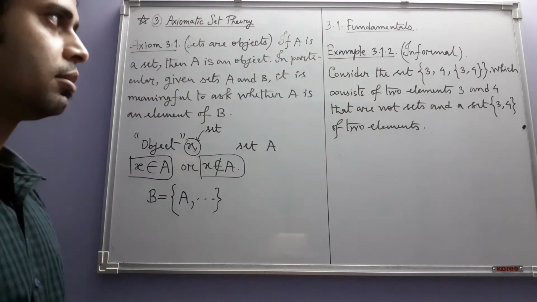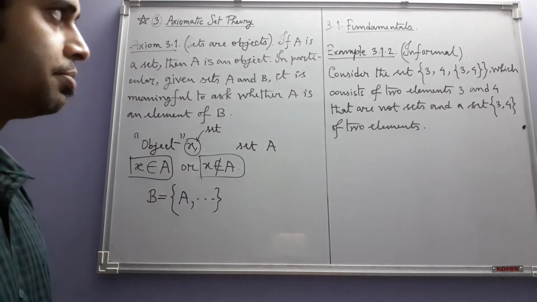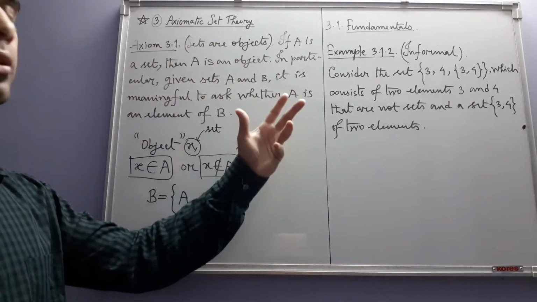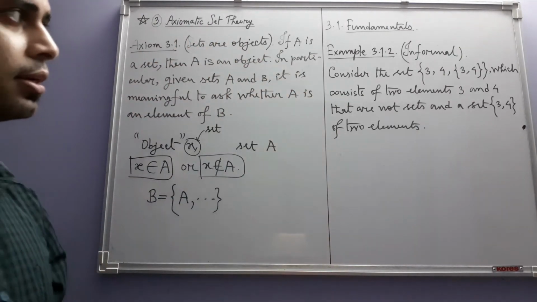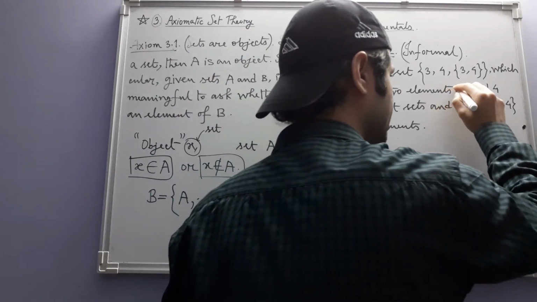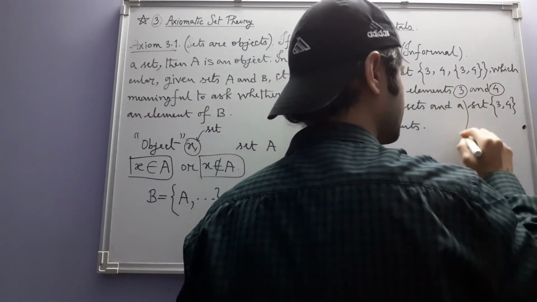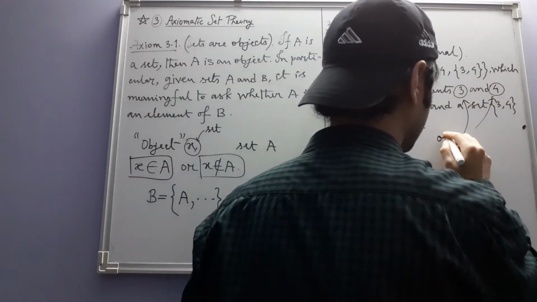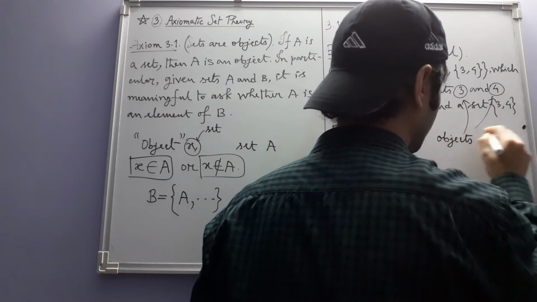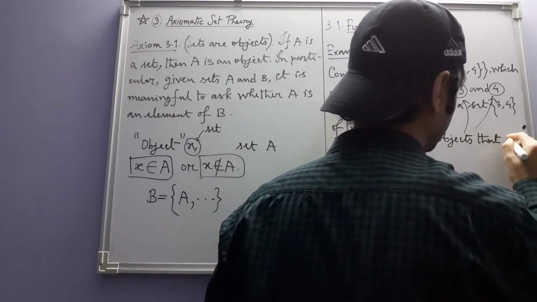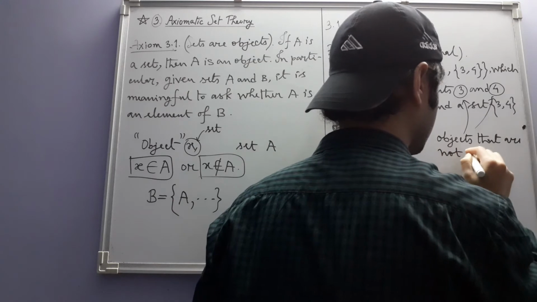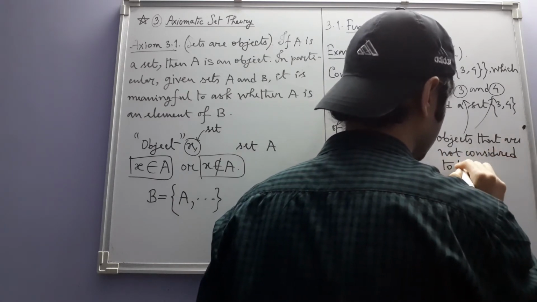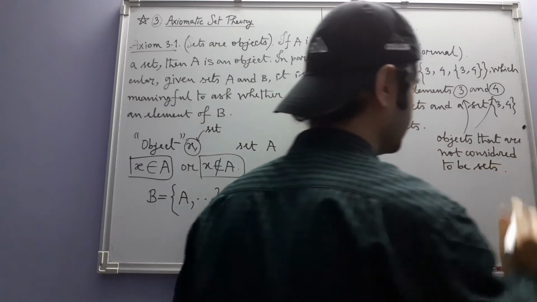Okay. What is the point of this example? In this example, we see that in the axiomatic set theory that we are seeing right now, there are some objects which are not sets, or not considered to be sets.